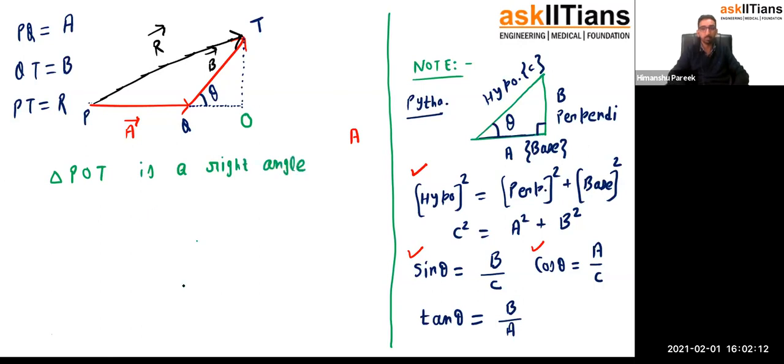If that's a right angle triangle, then I can simply say that PT square is equal to PO square plus OT square.